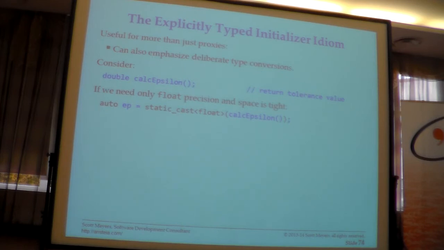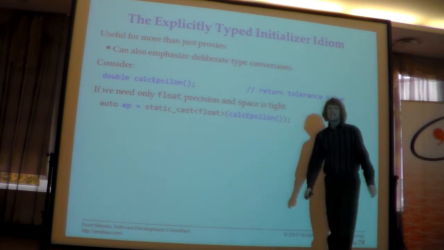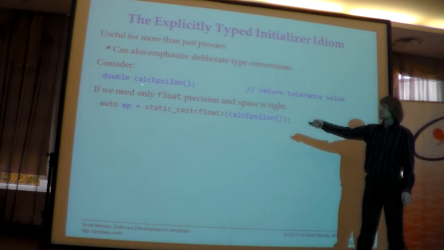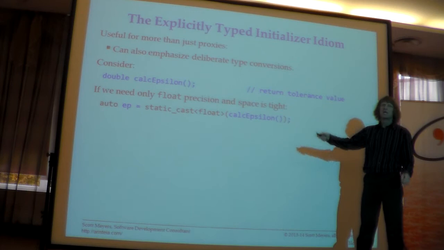This is from a slightly longer version of the same presentation. Let us suppose that I have this function calc epsilon that returns a double.